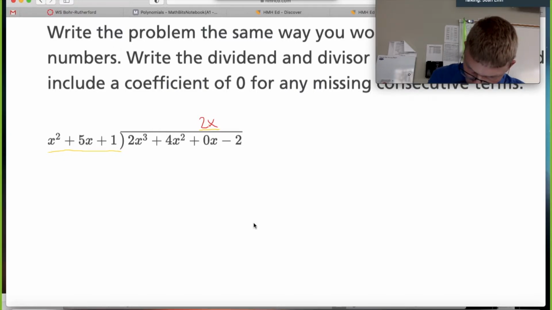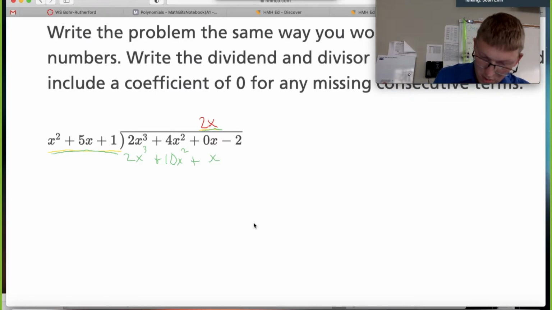So just so you can see it, this number multiplied by all of this, you're going to put it right underneath. So 2x times x squared is going to be 2x cubed plus 10x squared, and look at that, it lines up, plus x.